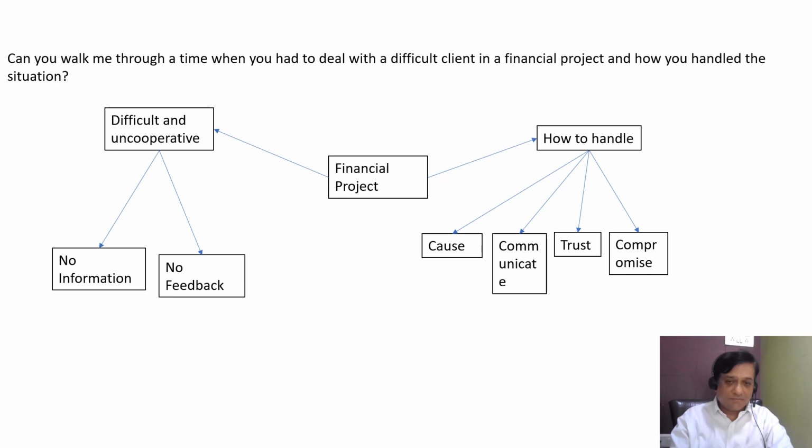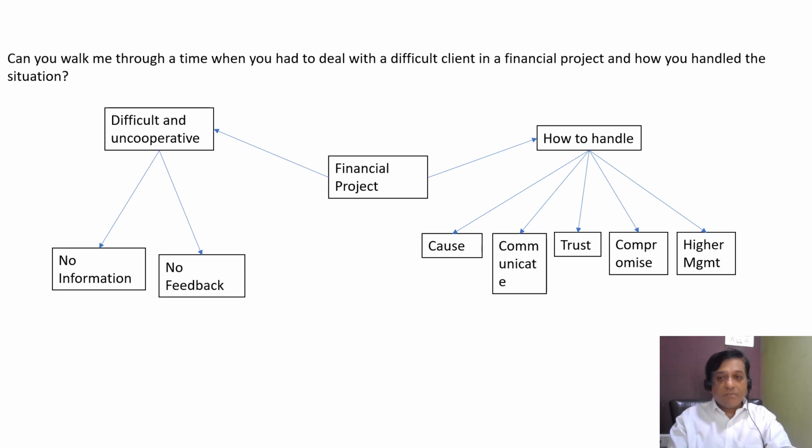Then comes compromise. Then you say, okay, we have to compromise so that we work for both parties. You are also a working person, I'm also a working person, we are working for a company. So let's come to a conclusion and find alternative ways of getting the necessary information.